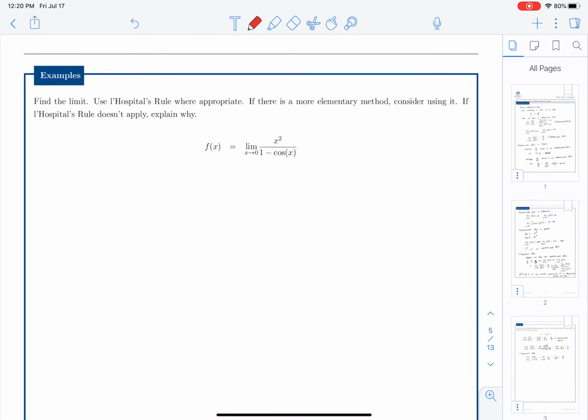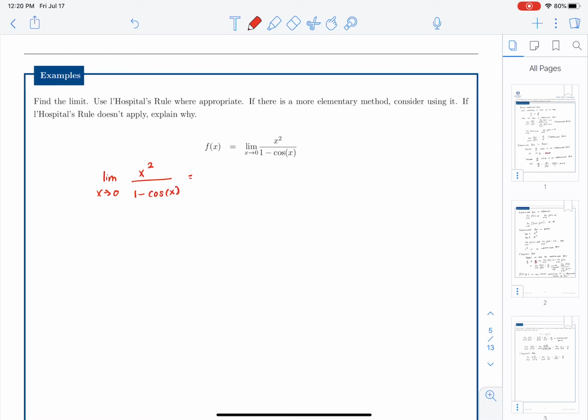So here is a problem where they suggest whether to use an elementary method, but just by looking at it, there is no elementary method because the numerator is a polynomial and the denominator is trigonometric, so the only way is L'Hopital's rule. But before that, we've got to check if this is in fact an indeterminate form.